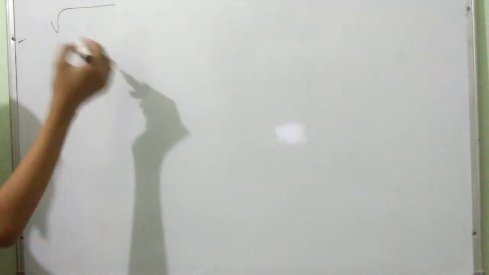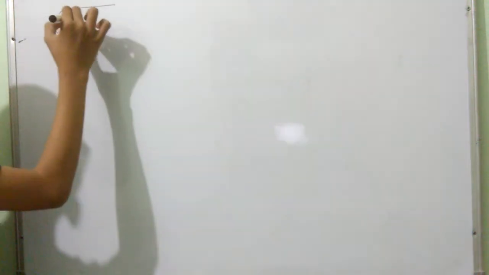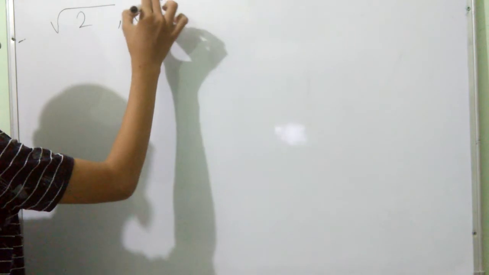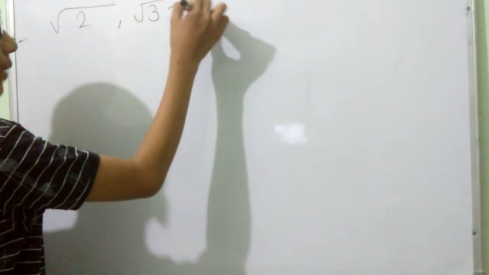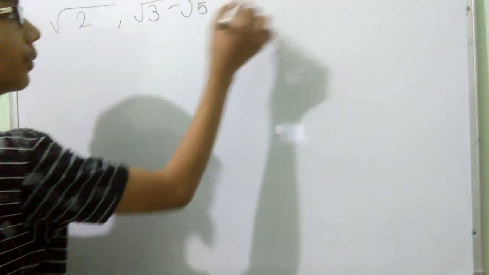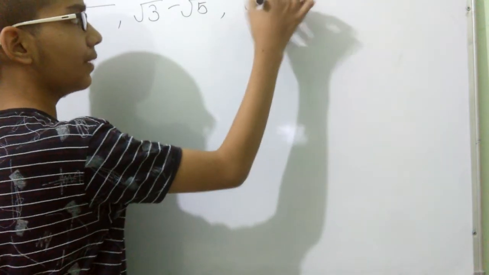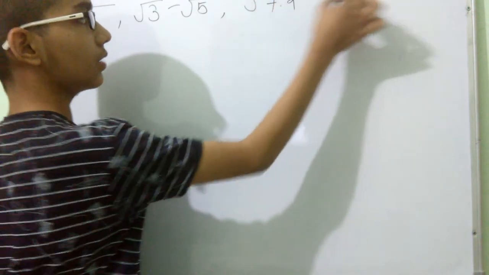Must note it, students, in this class we shall only learn how to represent irrationals in the form of square roots, like root 2, root 3, root 5, and root 7.9, in such form.